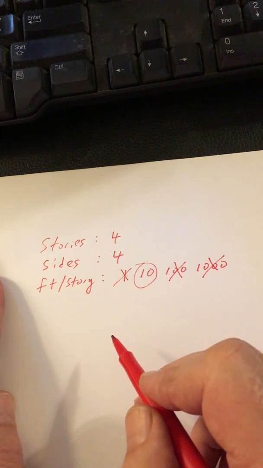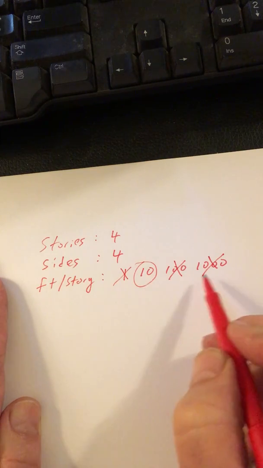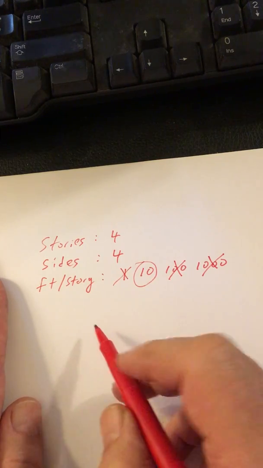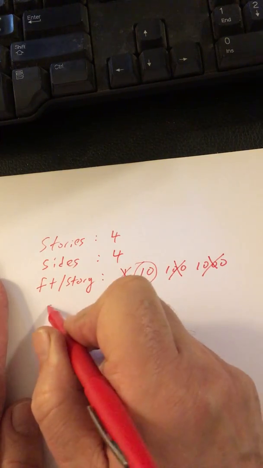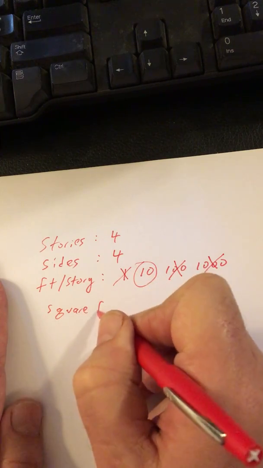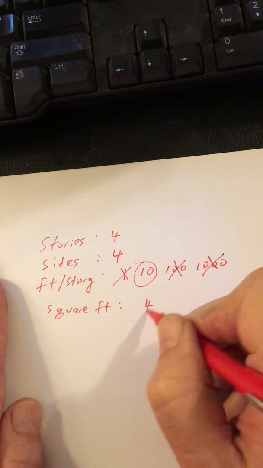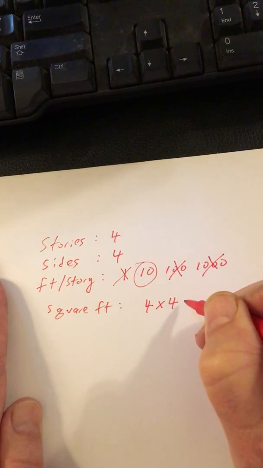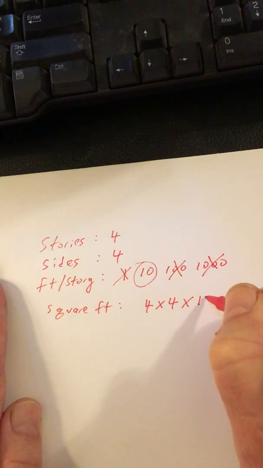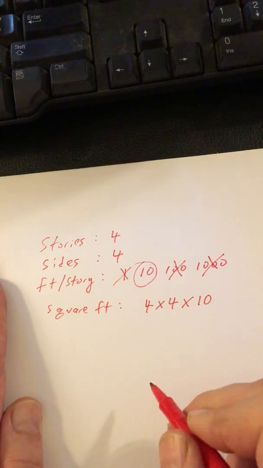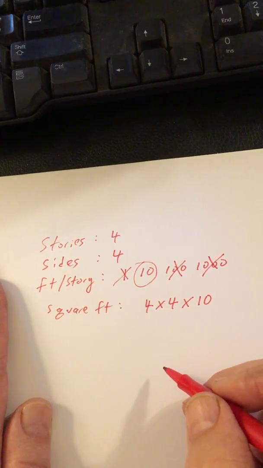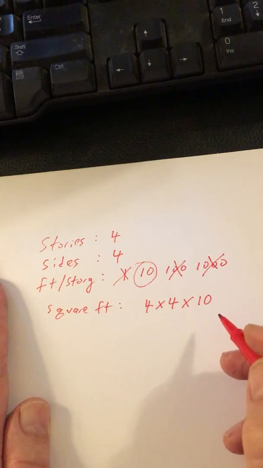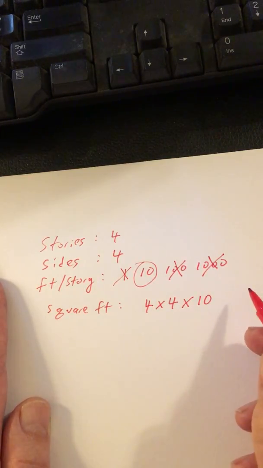And what that gives us is we can already calculate the number of square feet on the sides of the building. So if we have 4 stories, it's going to be 4 stories times 4 sides times 10 feet per story. And then we need one other dimension, and that is the approximate length of each side of the building.